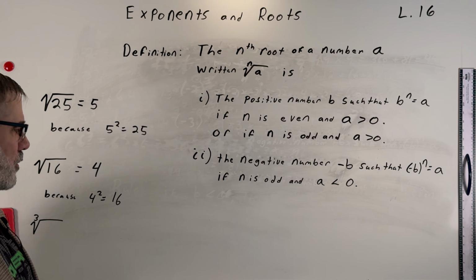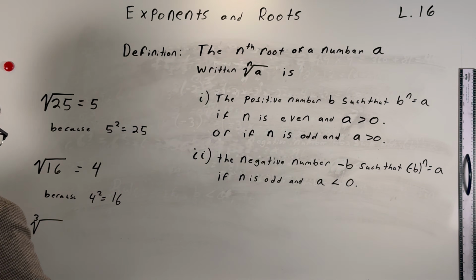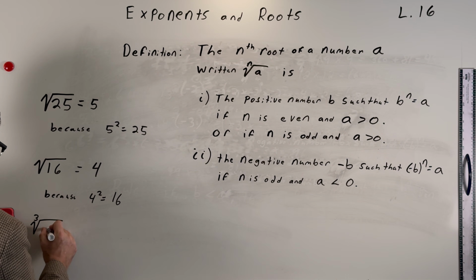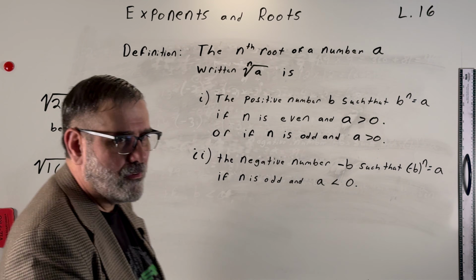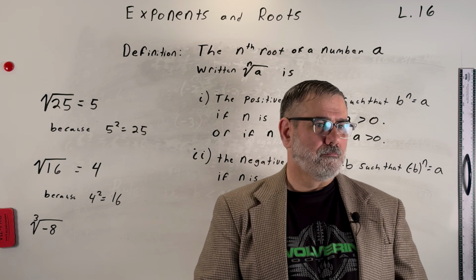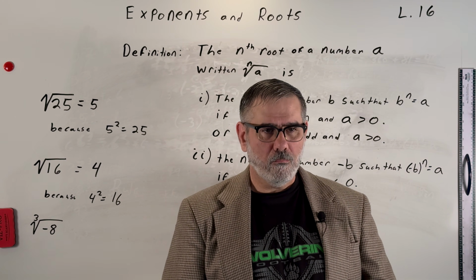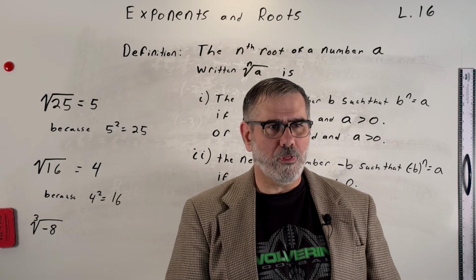So I'm asking the question, something cubed equals, and in this case, I want it to be equal to minus 8, or negative 8. So pause the video, give that a think, come back when you think you have your answer.